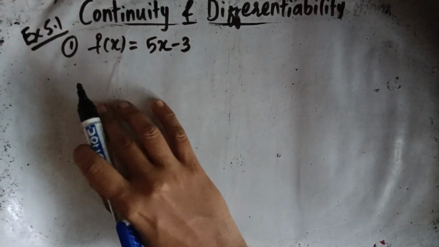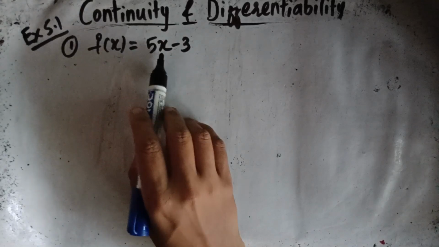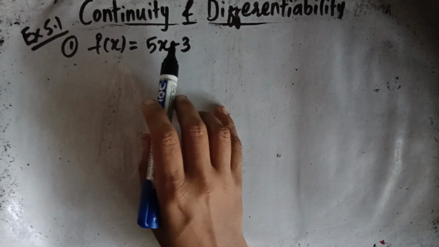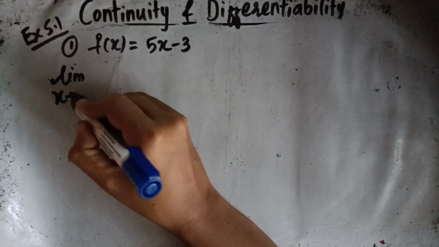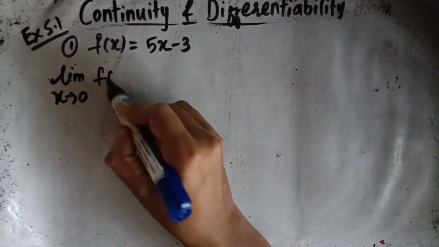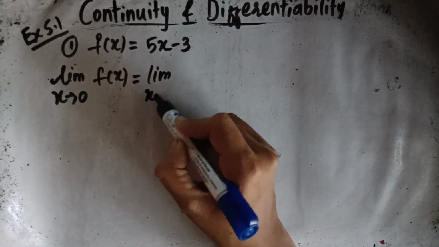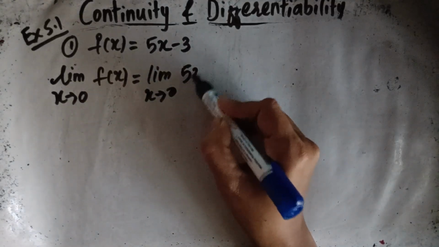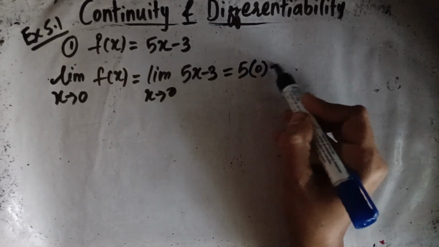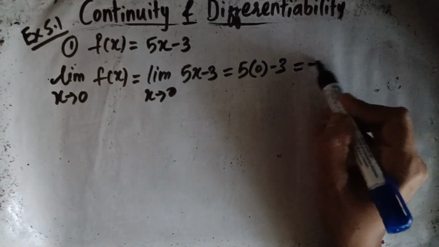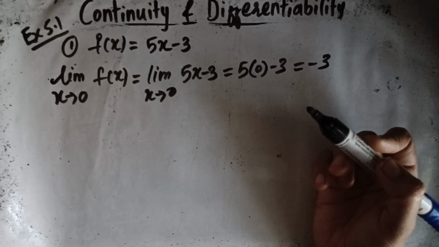Now if you take the right hand limit and left hand limit, the value which you will be putting, that is x, will be the same. So we'll take only one thing, that is limit as x tending to 0, f of x is equal to limit as x tends to 0, 5x minus 3, which is equal to 5 into 0 minus 3, which is equal to minus 3.